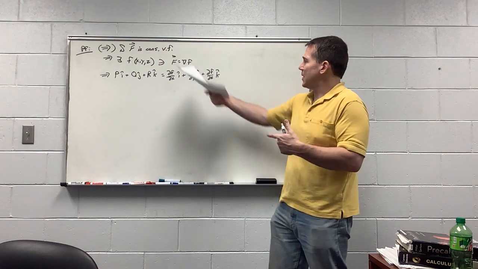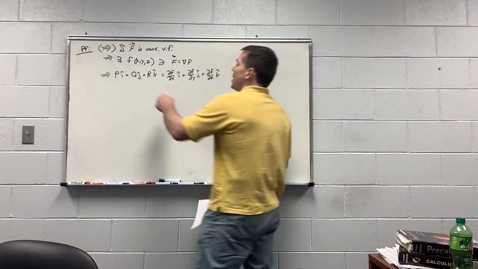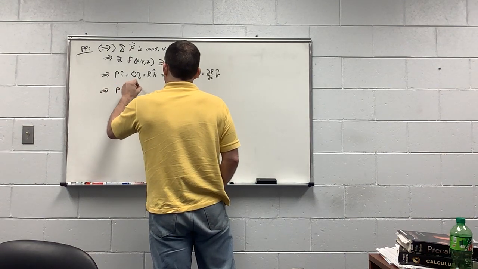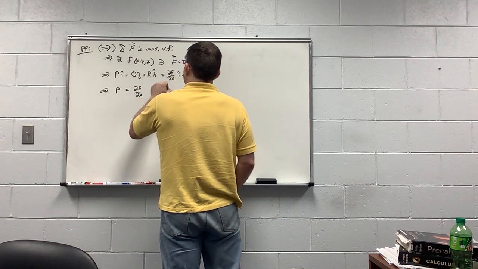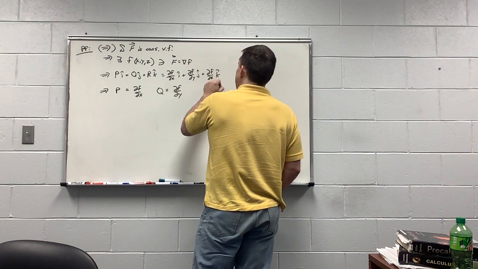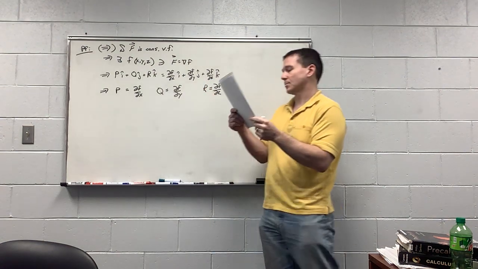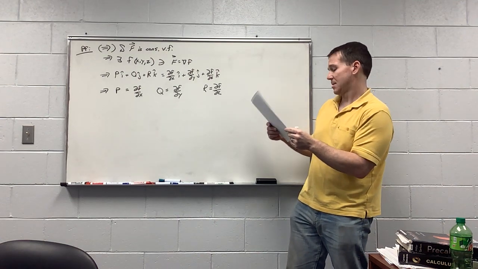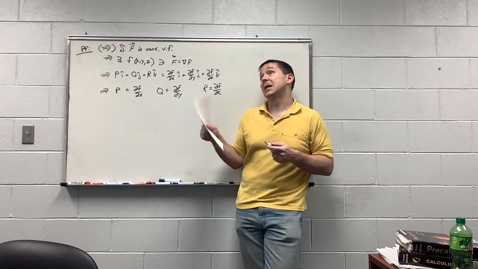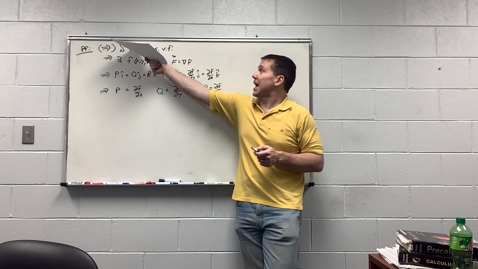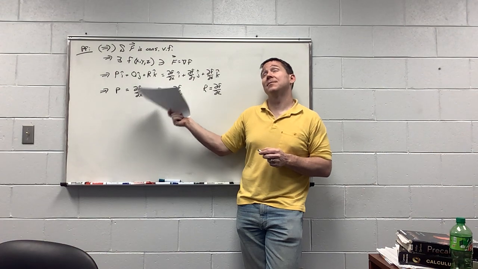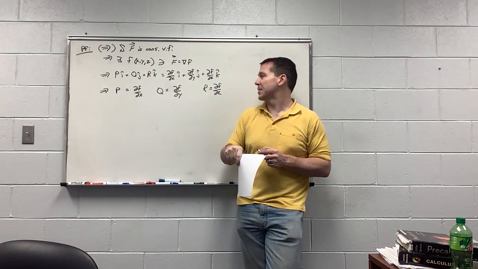But now, if these things are equal, which again, by supposition they have to be, then these have to be equal term by term, which then means that P is equal to df dx, Q is equal to df dy, and R is equal to df dz. But now, in the conditions for this theorem, this test, we said that my vector field F had component functions P, Q, and R, and that those component functions had continuous first partial derivatives.